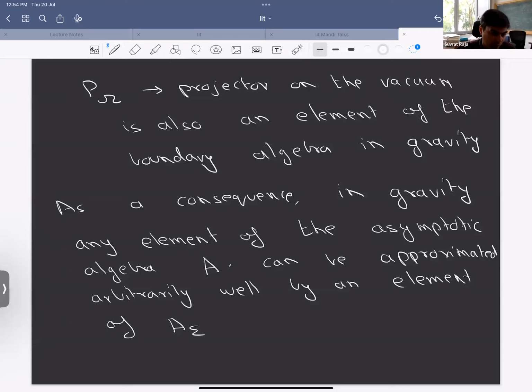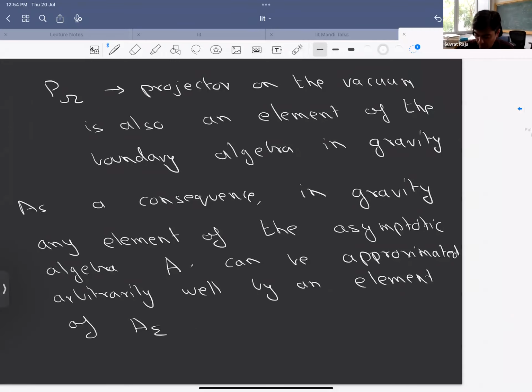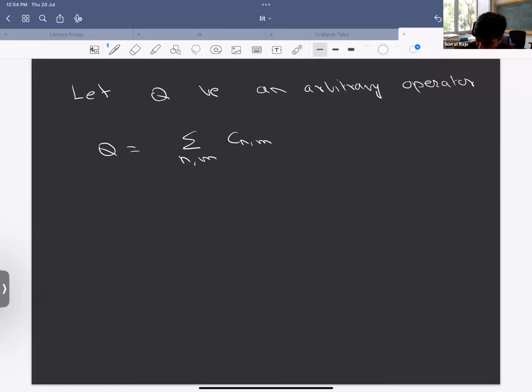So now I want to give you a proof of this statement. Okay. So let Q be an arbitrary operator. And let's expand it out in our favorite basis. There's some choice of basis.